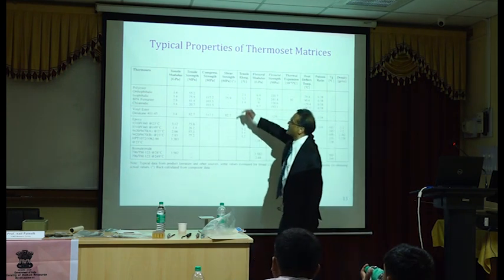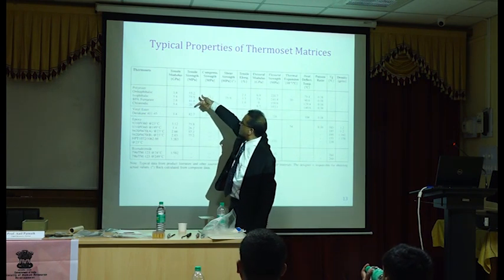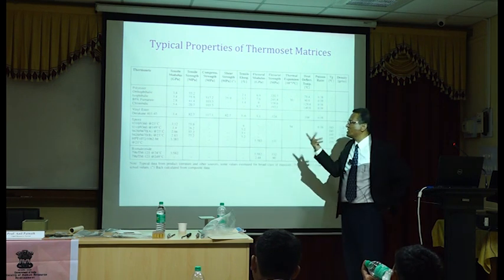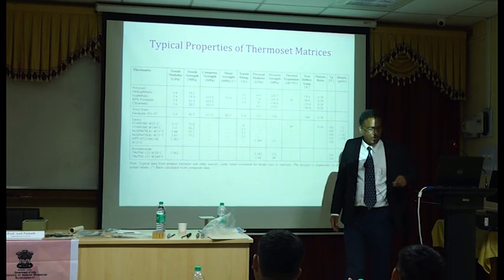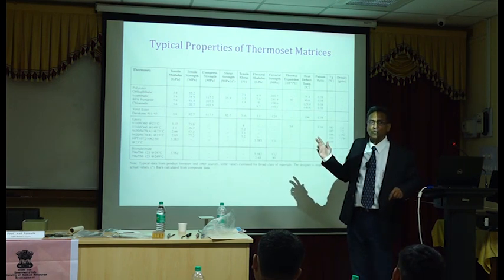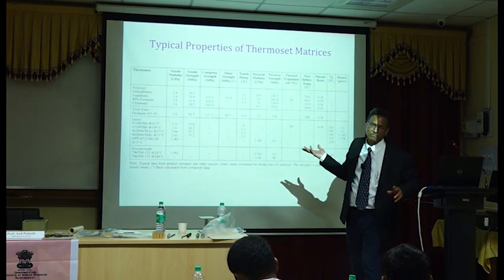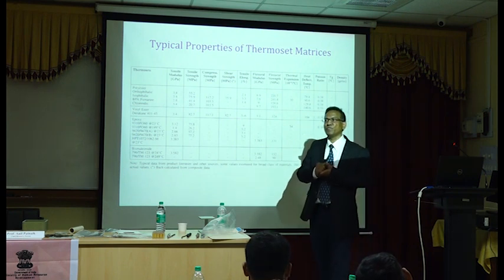What about tensile strength? Tensile strength is about 55, 75, 41, 20, 80, something like that. So in the range of 30 to 40, 50, something like that. So definitely it is much weaker than steel, right? Steel common grade is 415. Is it 415 nowadays? 415, Fe 415?